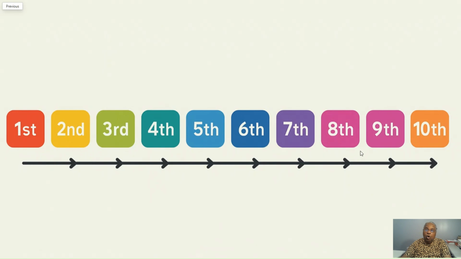These are ordinal numbers. We'll use one at the beginning of each sentence to show the order. Let's say them together. First, second, third, fourth, fifth, sixth, seventh, eighth, ninth, 10th. Great job.